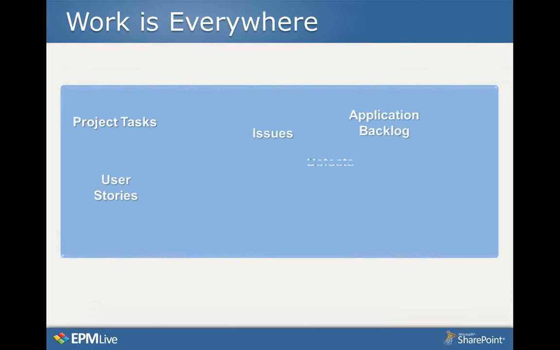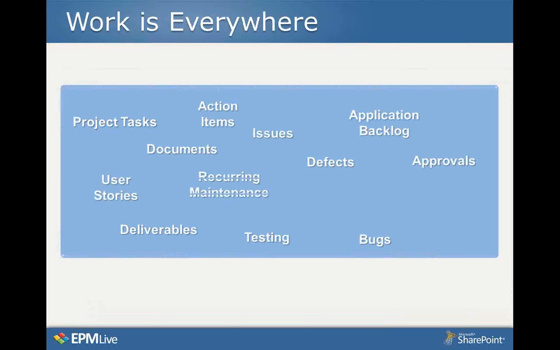So to kind of continue on that path, we basically know that there is work happening throughout the organization. We're working on projects, we're resolving issues, we have various action items, we attend meetings, we're working on deliverables. There's all these things that are constantly happening in the organization.